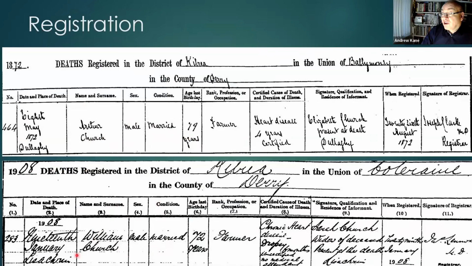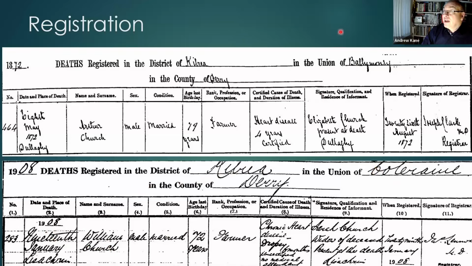When my great-great-grandfather died in 1872, the district of Kilrea was in the Poor Law Union of Ballymoney. So his death is registered in Ballymoney district. Whereas when his son, my great-grandfather, died in 1908, it was in Coleraine. So you can see there the district of Kilrea has moved to the Union of Coleraine. So that's where it's registered.